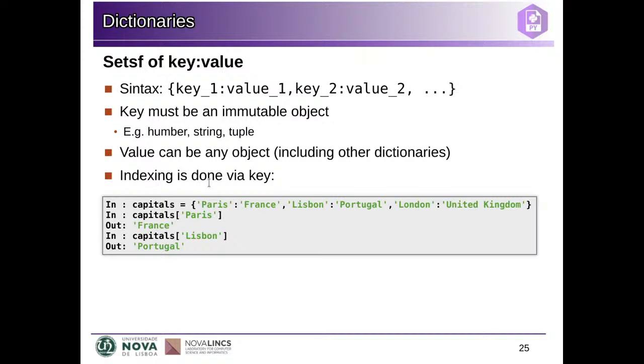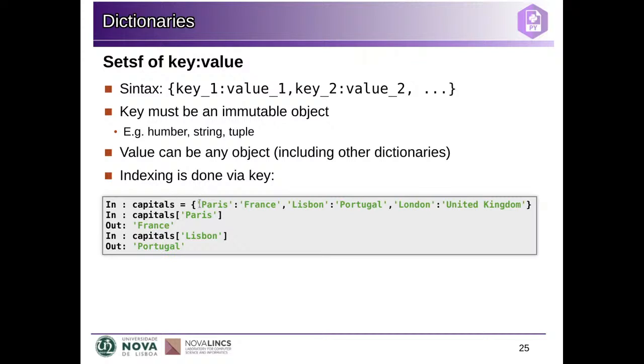Every time you need to pair together some key with some value, you can use a dictionary. The key must be an immutable object. It cannot be a list, for example, but it can be a tuple or a string or a number, because those are immutable in Python. The value can be any object, including other dictionaries. You can create trees of dictionaries under dictionaries if you want.